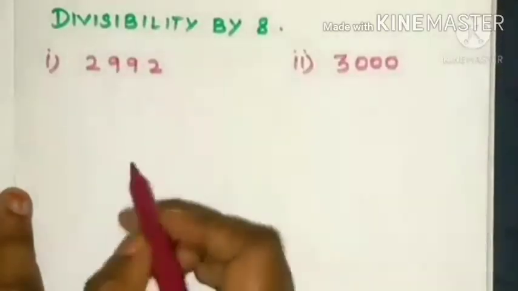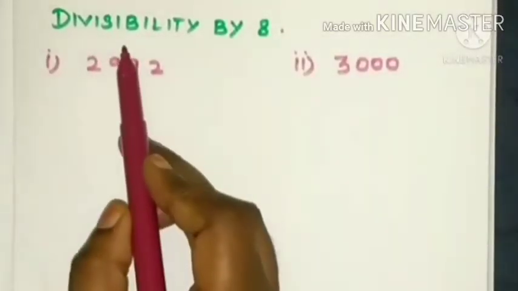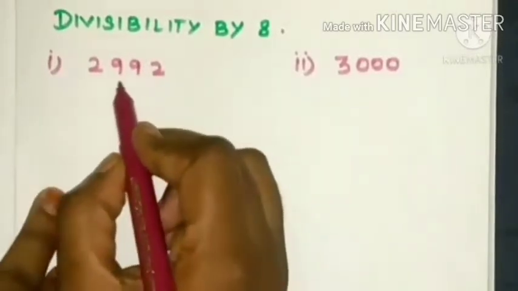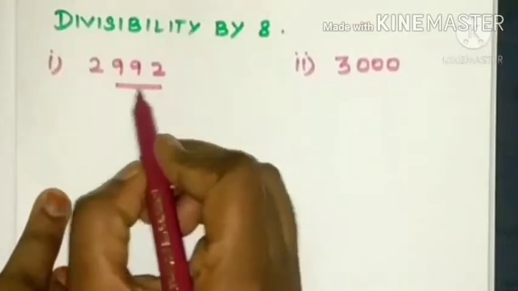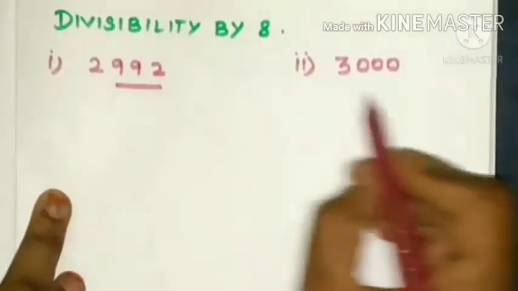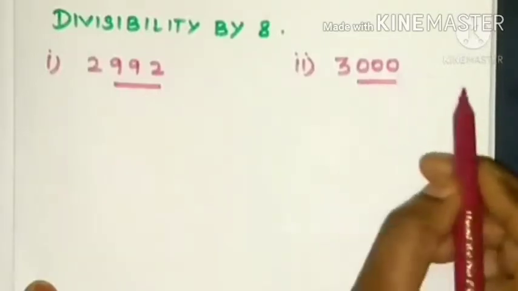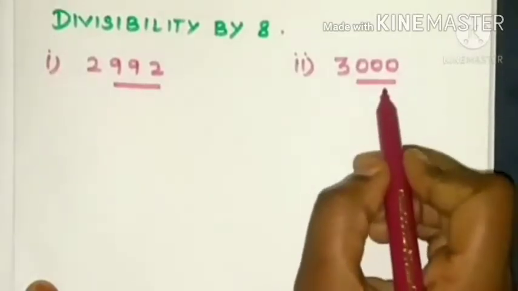Then divisibility by 8. The rule for divisibility by 8 is a number is divisible by 8 if the last 3 digits of a given number are divisible by 8. And note it carefully, if the last 3 digits of a number are zeros, then also it is divisible by 8.